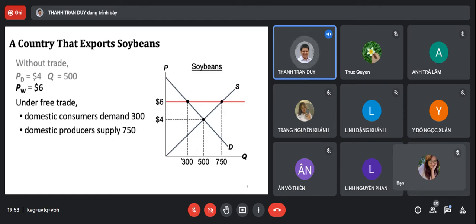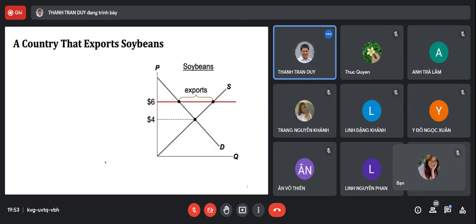But the producer can sell up to 750, in which 300 units they sell domestically, and 450 the local firm will export, right? So is it good to do this?